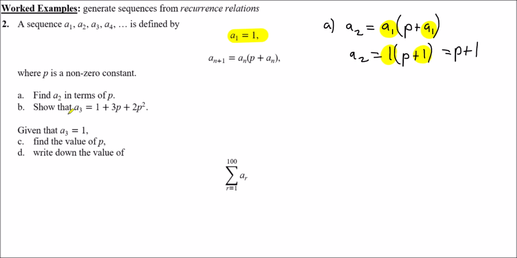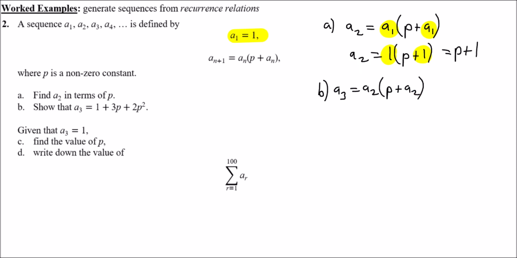So next, for part B, we have to show that a3 is 1 + 3p + 2p squared. Using this idea here, a3 is based off a2, so it'd be a2 brackets (p + a2).